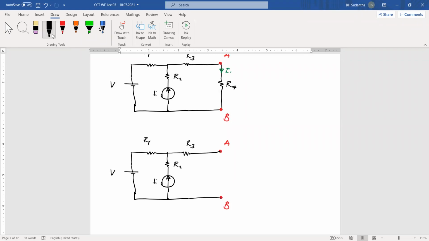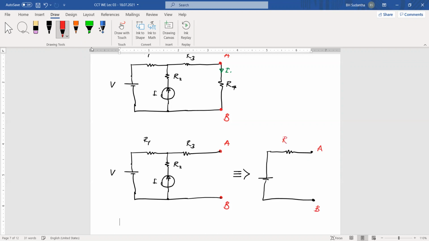Okay. Then we will reduce this circuit to this type of circuit. And these are the nodes.